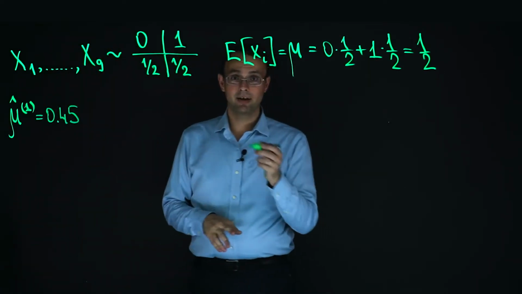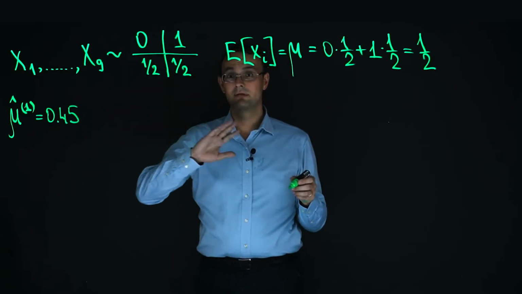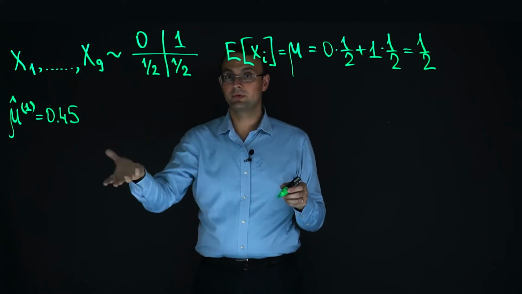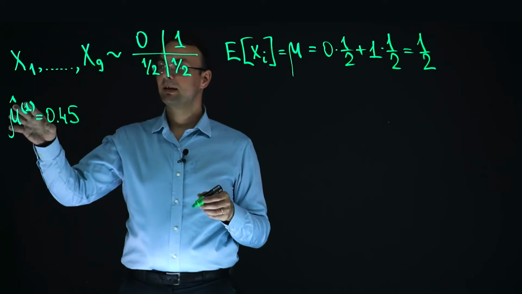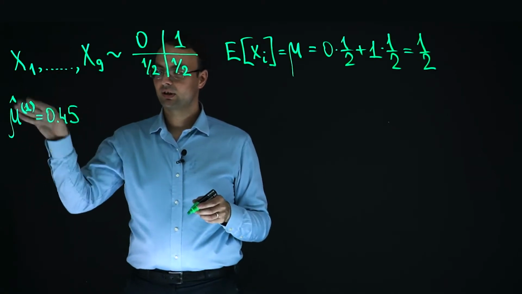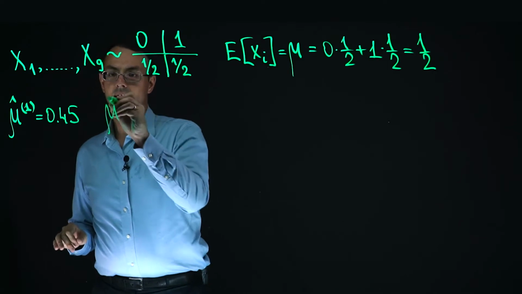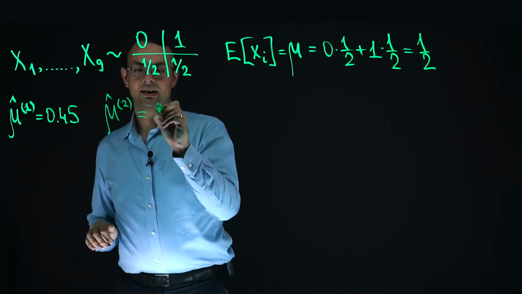It is possible for an estimator not to depend on the sample. So this estimator, mu hat 1, is always equal to 0.45. Then mu hat 2 is x1.